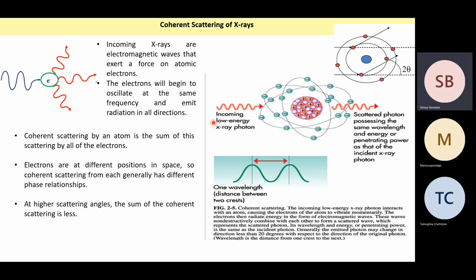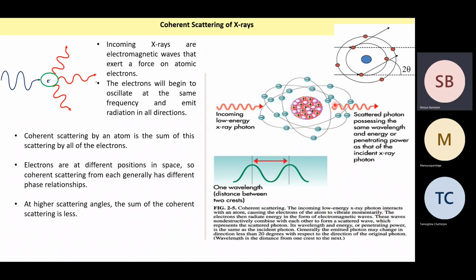So basically, you have an incoming low energy X-ray photon. The scattered photon will possess the same wavelength and energy as that of the X-ray photon. This is because your incoming photon has a certain wavelength and frequency, and it will force the electrons of the atom to vibrate at the same frequency. So whatever electromagnetic radiation is emitted from the electrons of the atom will have the same energy as the incoming X-ray.